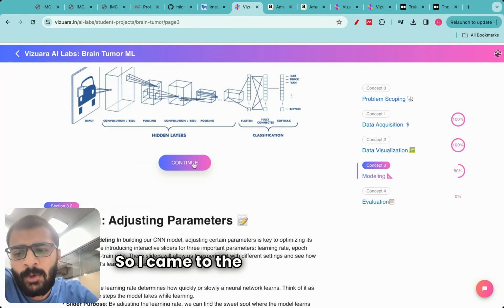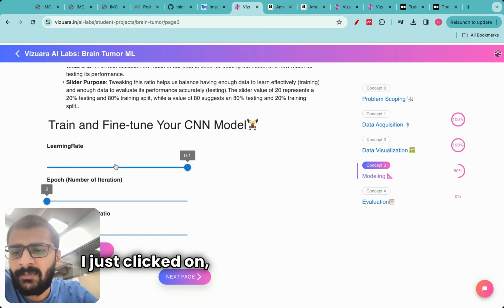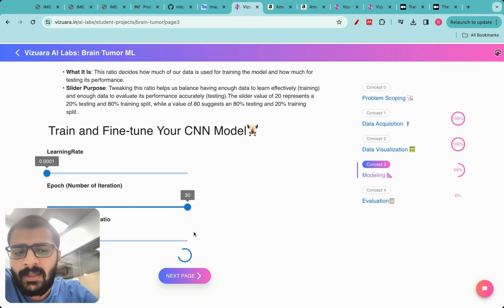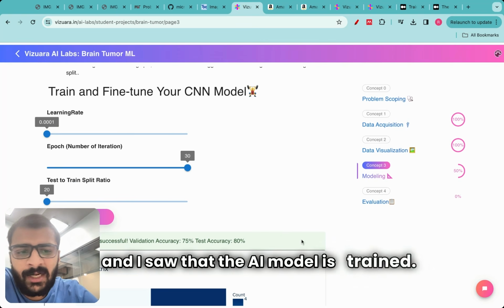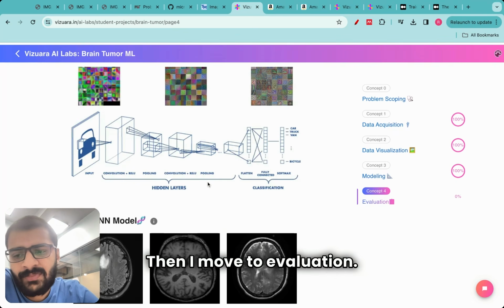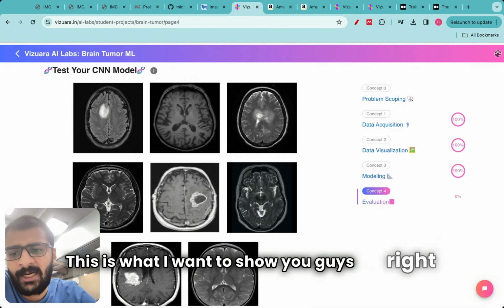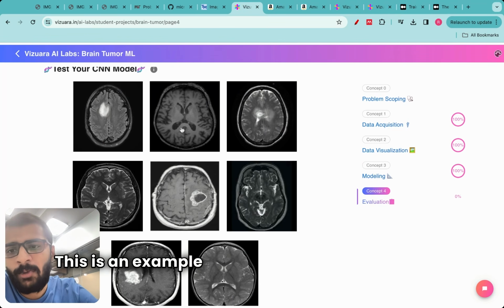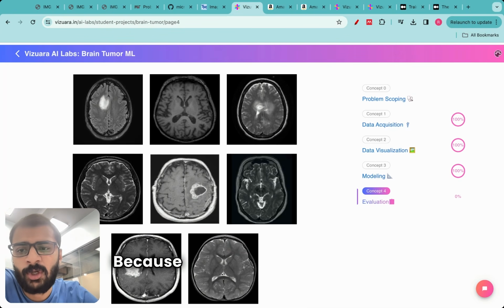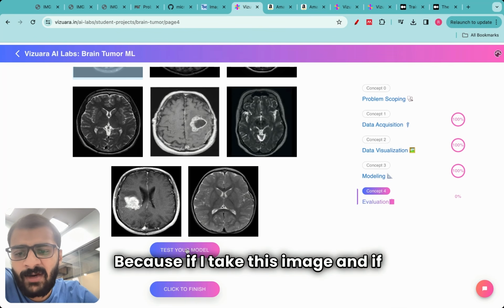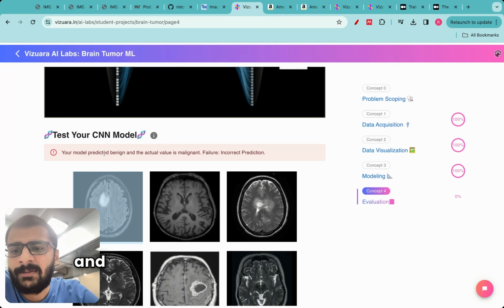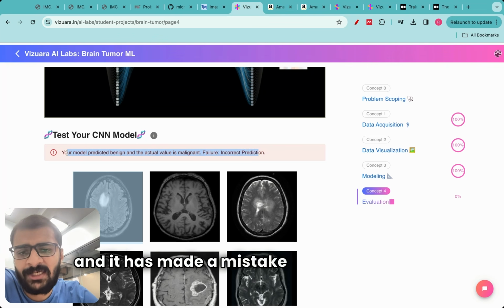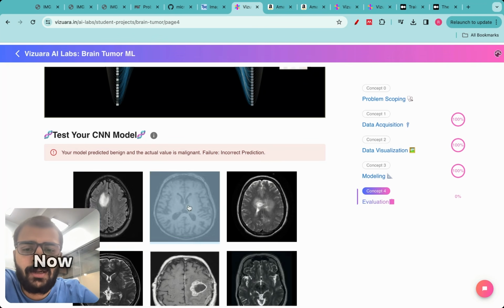So I came to the modeling section. I just clicked on train here, and I saw that the AI model is trained. Then I moved to evaluation. This is what I want to show you guys right now. This is an example of binary image classification because if I take this image and test my model, now the AI model is trained, and it has made a mistake in this prediction.